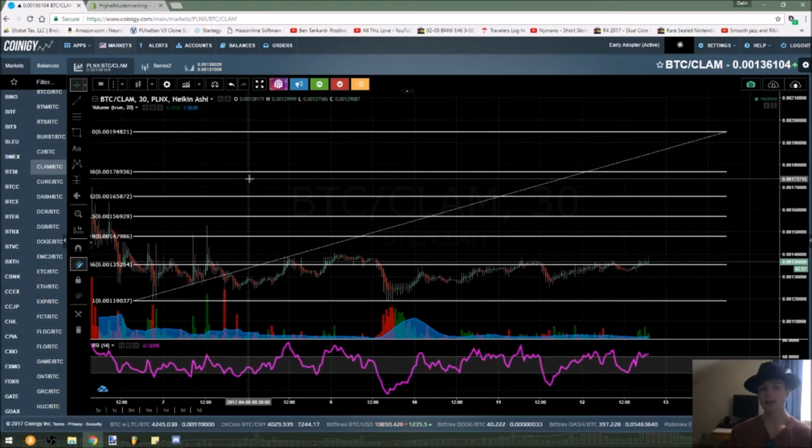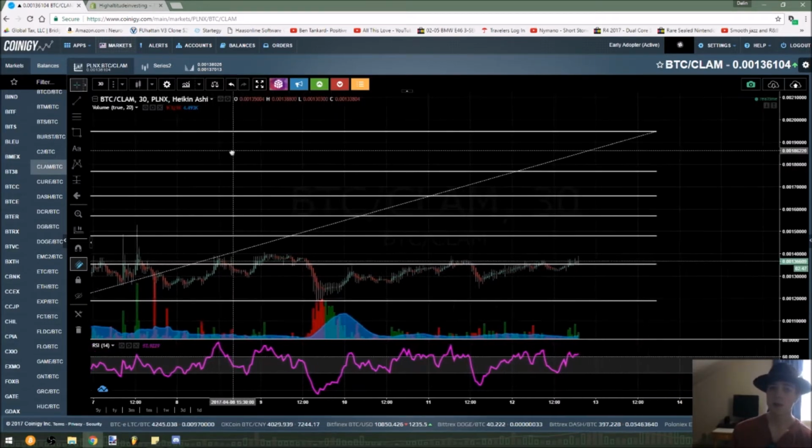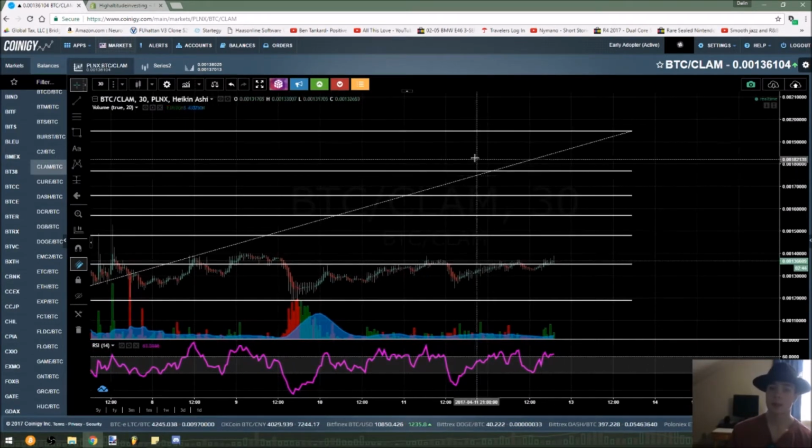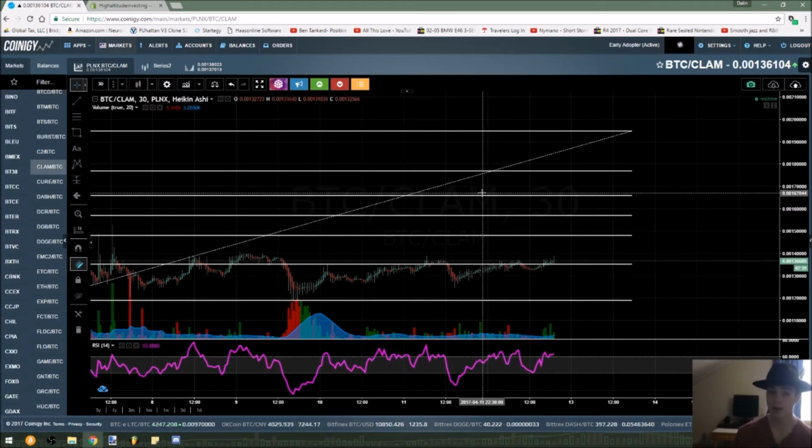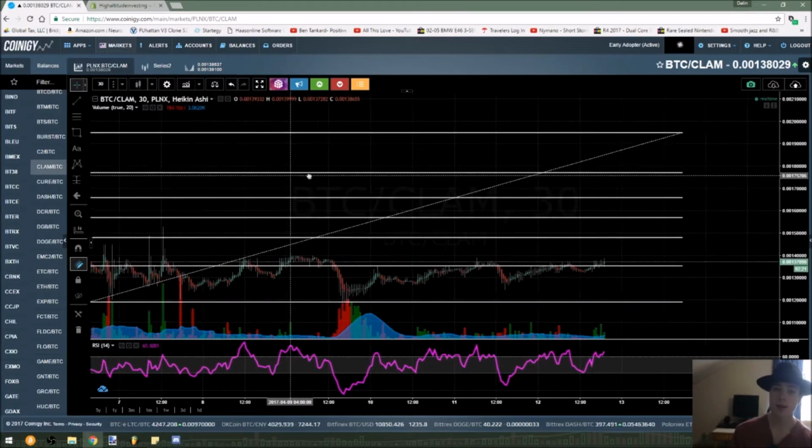Alright, so what is risk to reward? Well, it's basically based on where you set your stop loss, where your entry is, and where you're trying to exit. The easiest way to understand it in layman's terms is if you're willing to risk less than you're trying to make, you don't have to win 50% of the time plus. You can only win 25% or 33% or whatever, and you can still be a profitable trader.